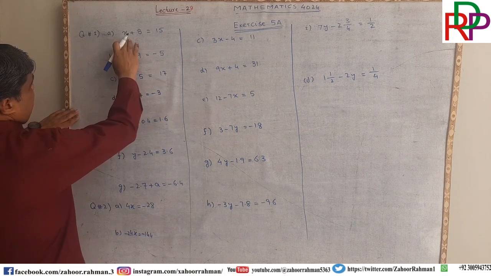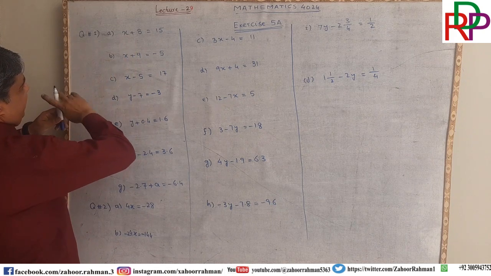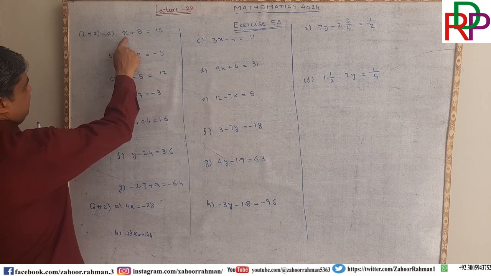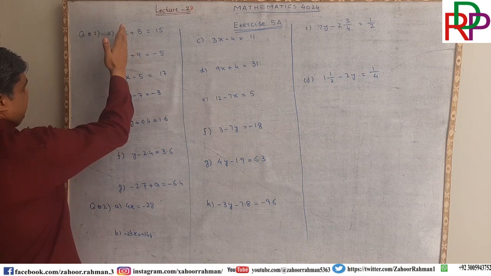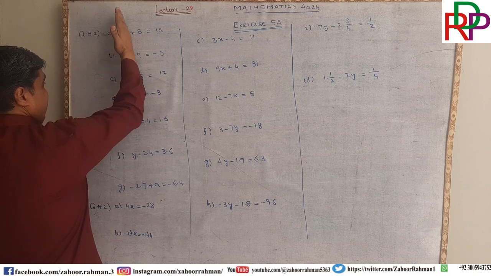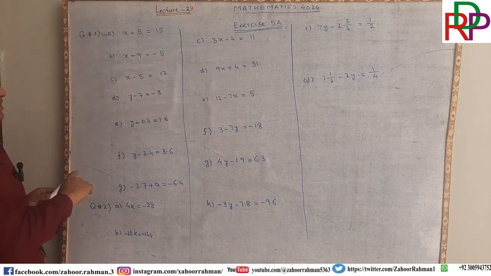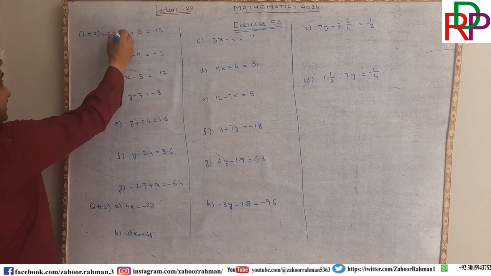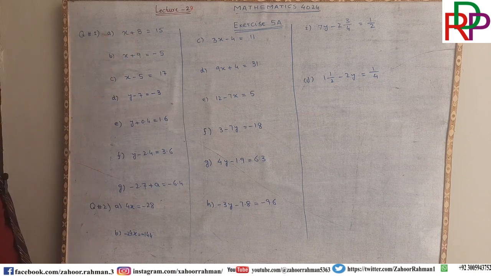When you are finding the value of a variable, you have to keep that variable on the left side and everything else will be shifted towards the right, even if there is a negative symbol with this minus x, it will also be shifted.